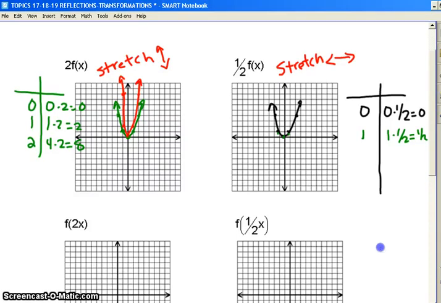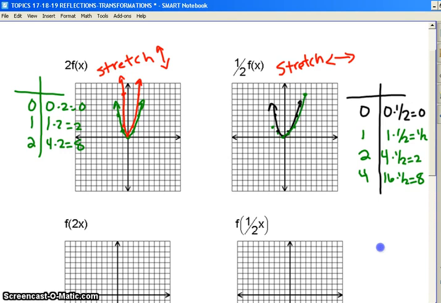Okay, let's do the 2. 2 squared gave me 4. 4 times 1/2 is 2, so I'd go over 2, up 2. Okay, 4 squared is 16. 16 times 1/2 is 8. Okay, so over 4, up 8.